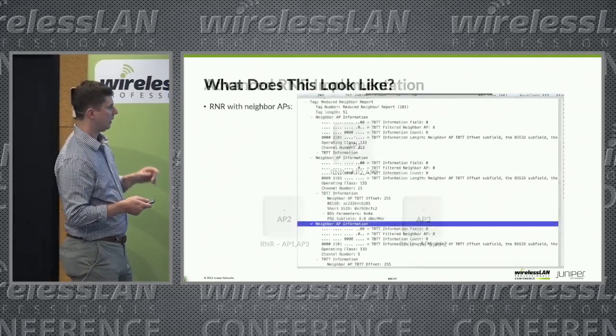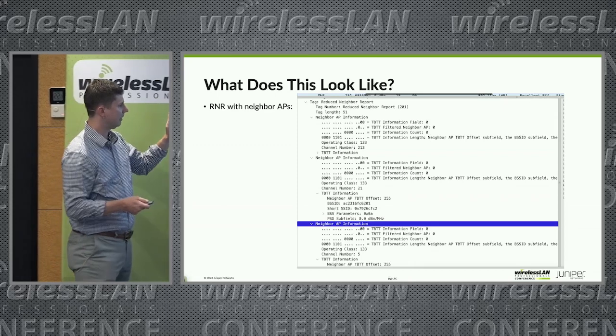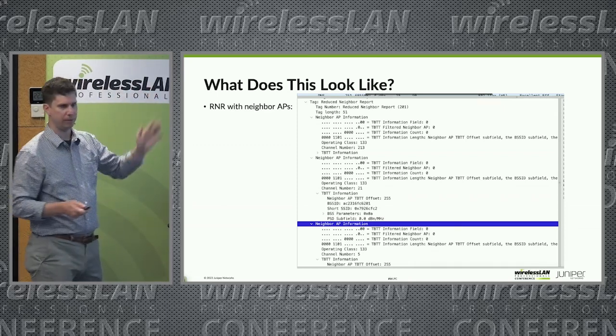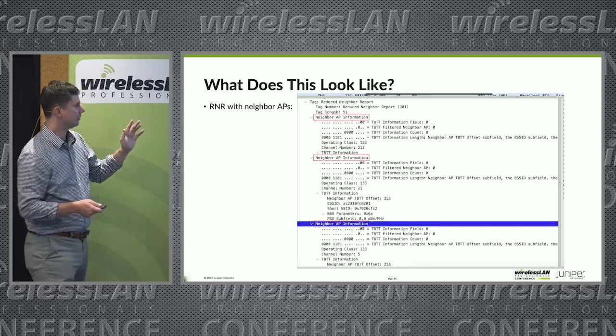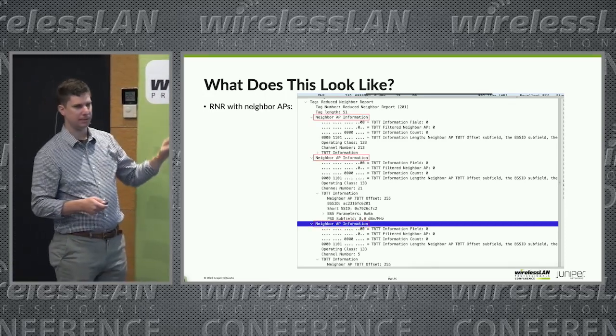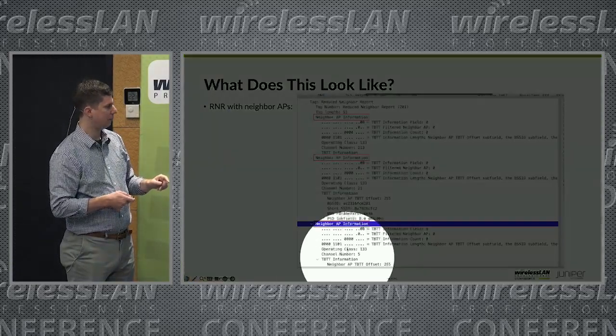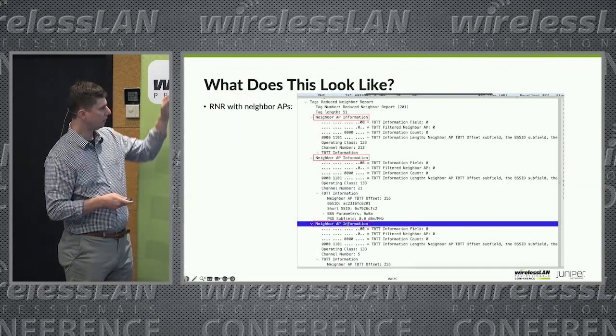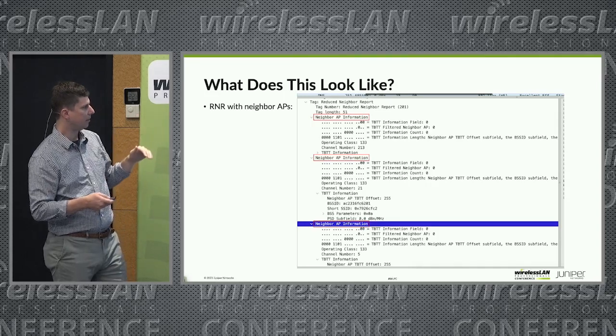So what does that actually look like? Here, I think this is actually a probe response, but it would look the same in a beacon. So there are 3 neighbor APs in here. We've got 1, 2, and 3. And I've expanded some of the elements in here.